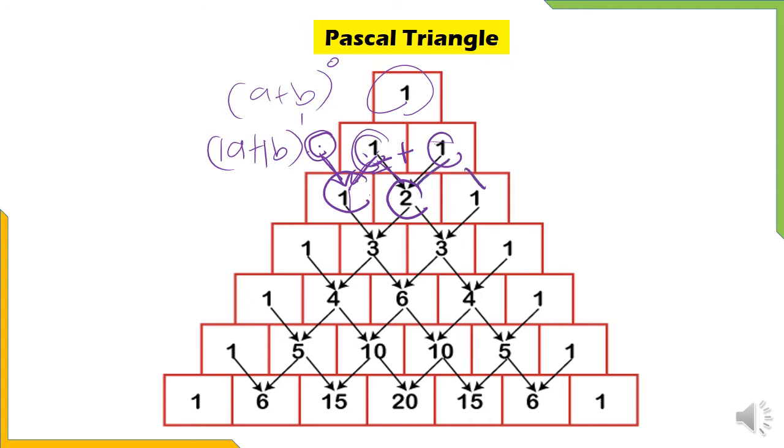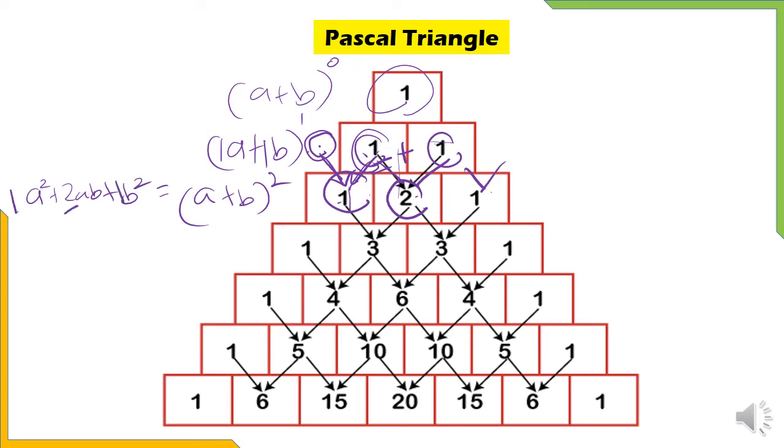And for this one also we get 1. So it should be symmetrical. That's why we have 1, 2, 1 here. So this is for (a plus b) squared. What is the result for (a plus b) squared? a squared plus 2ab plus b squared. So the coefficients are 1, 2, 1.